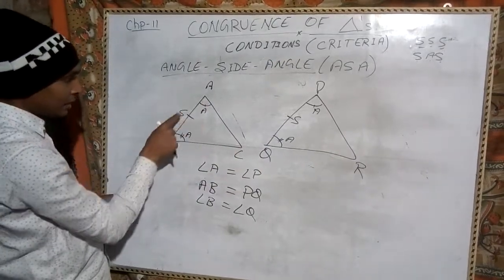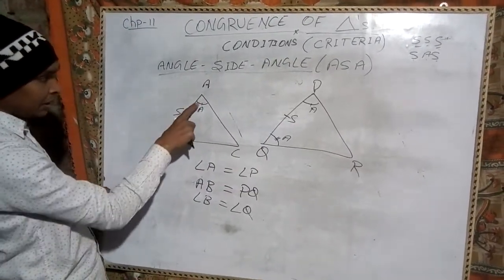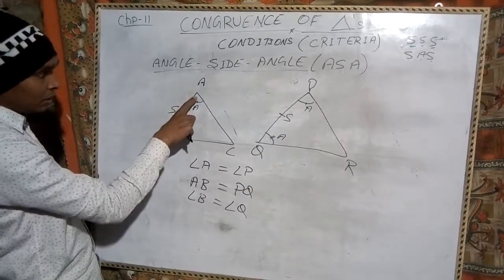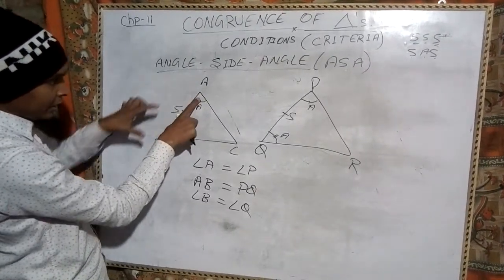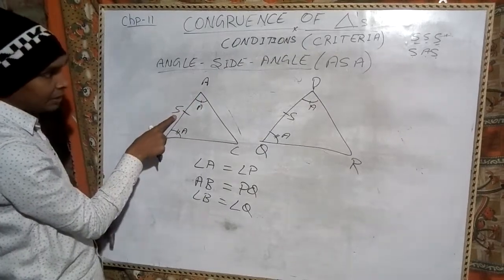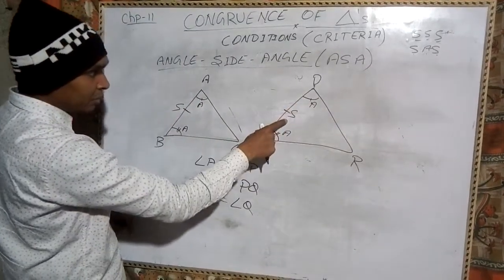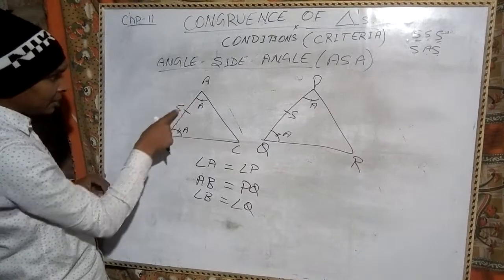So angle side angle means here is the included side. Two angles are here, दो angles हैं यहाँ पे, और दोनों angles के बीच में ये side है, यहाँ भी दोनों angle हैं, दोनों angle के बीच में side है. So we can say angle side angle.